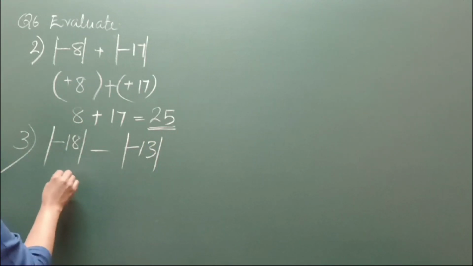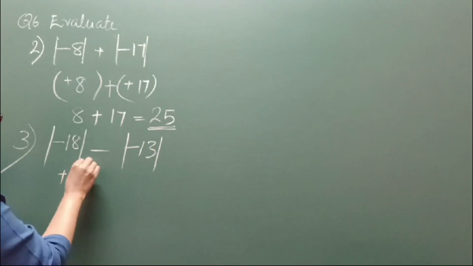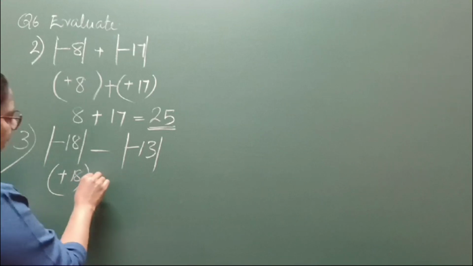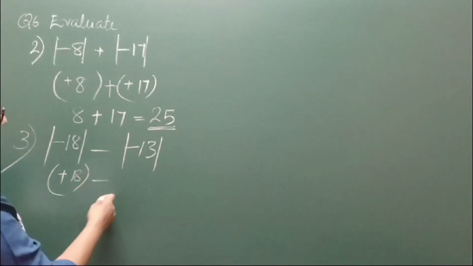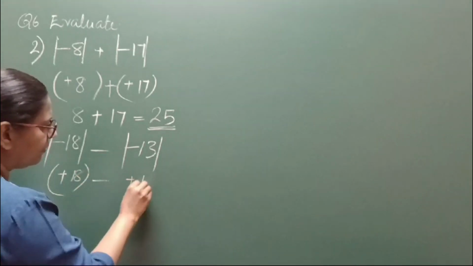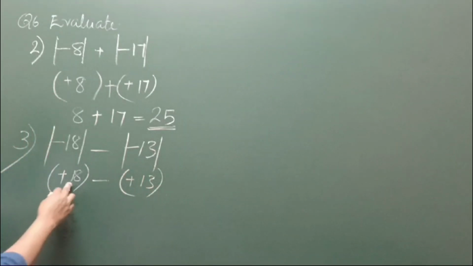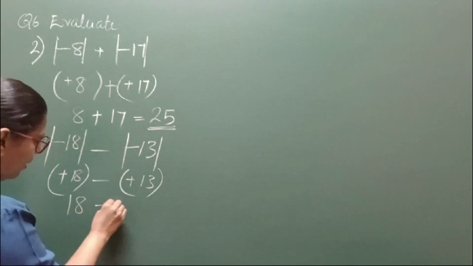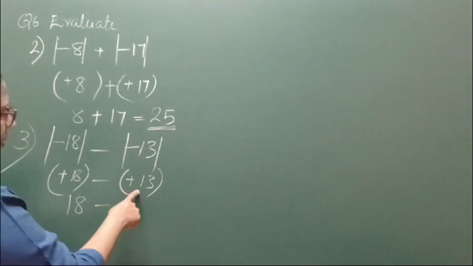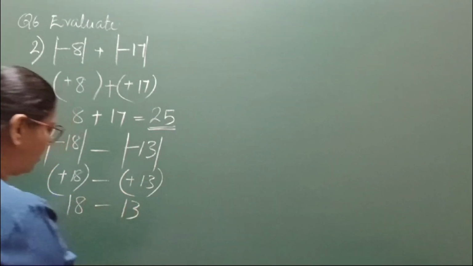So here plus 18 in simple bracket, minus as it is, then here plus 13 in simple bracket. Now we'll remove the bracket. Just write 18, then minus symbol, then this 13 as it is.